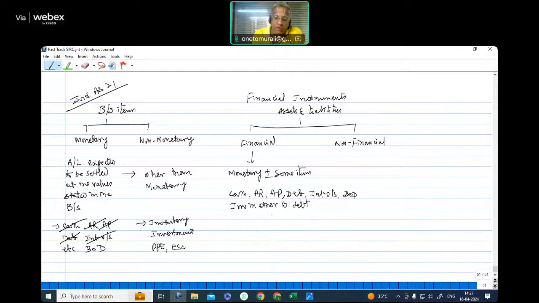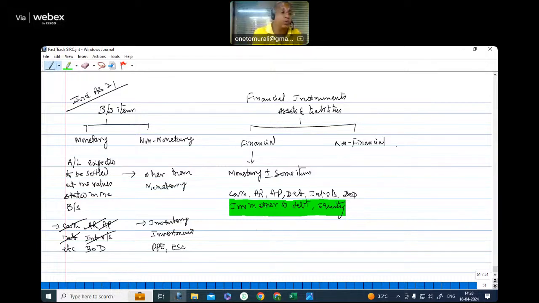All of these will come under that category. Then investment in other companies' debt and equity. This item, investments in other companies' debt and equity, is to be considered a very important input to classify an item as financial or non-financial.